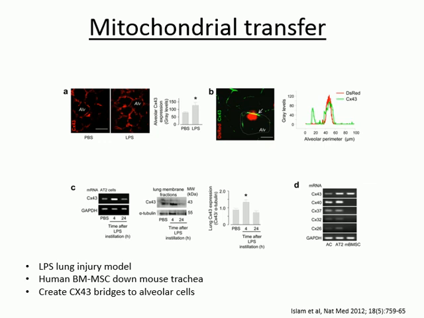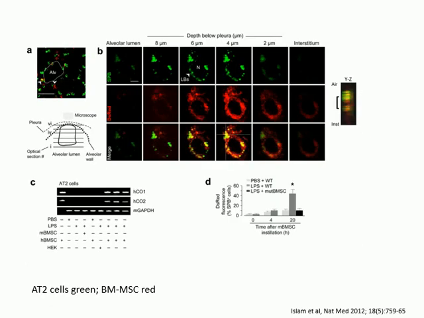And you can see a little bit of how this was demonstrated with the alveolar type 2 cells labeled in green and the donor human mesenchymal cells labeled in red, and the yellow, of course, is the overlap. Through these connexin 43 bridges, they were able to image mitochondria traversing, but they don't have a very good picture of that.